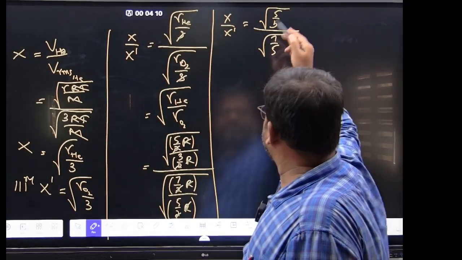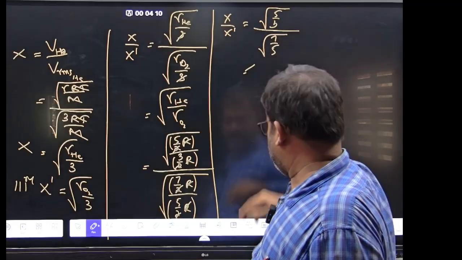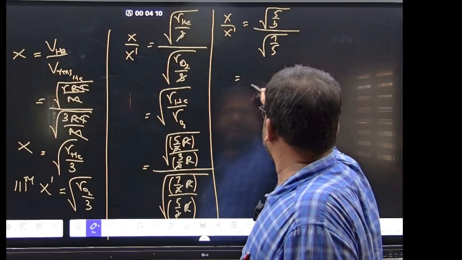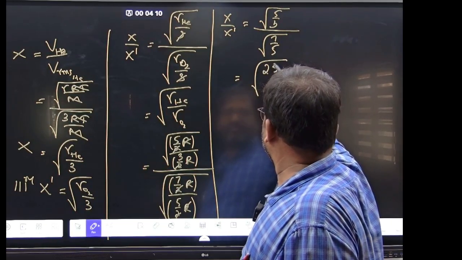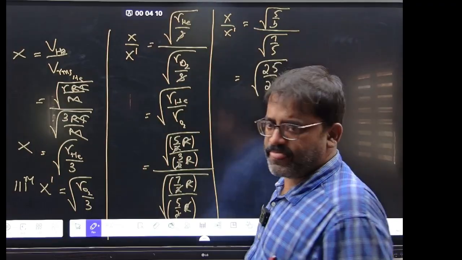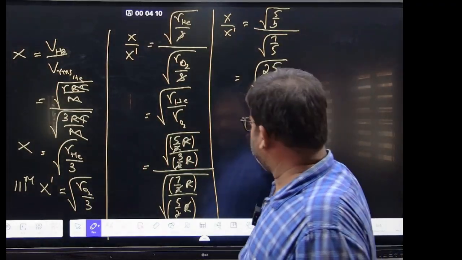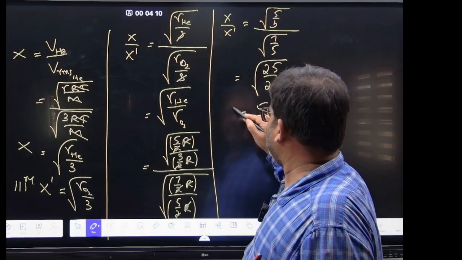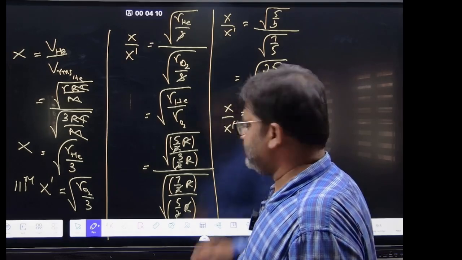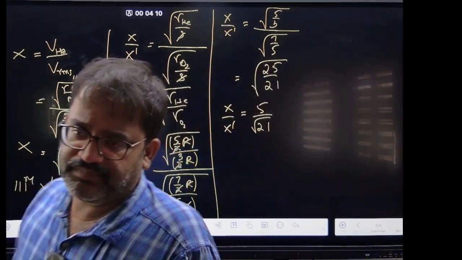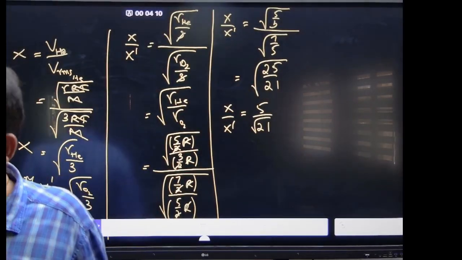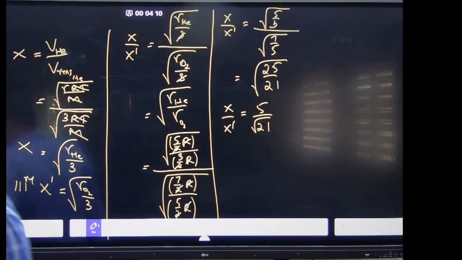Now transfer this 5 up and 3 down, then we can write root of 25 by 21. So what is root 25? 5 divided by root 21. So this is x by x prime. So what is the right option? Fourth option. Verify it. I may be wrong.